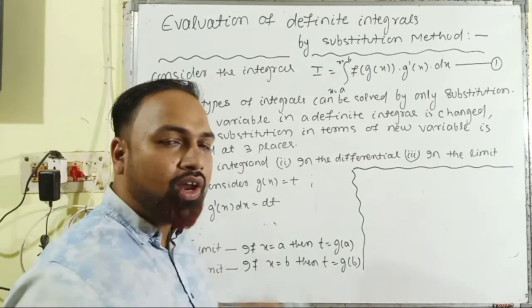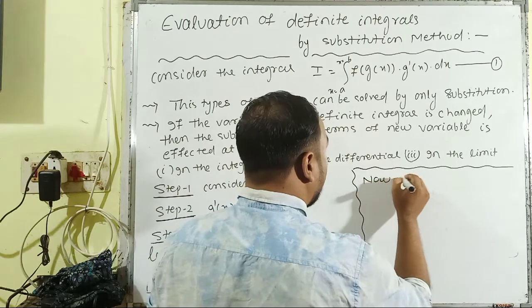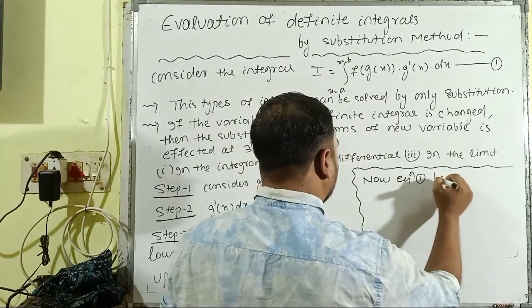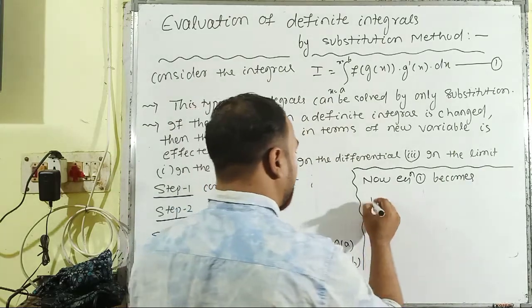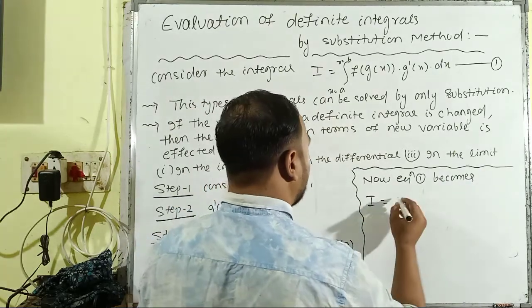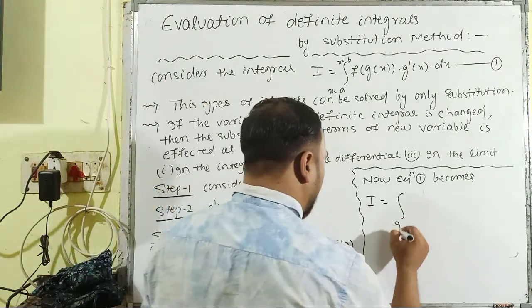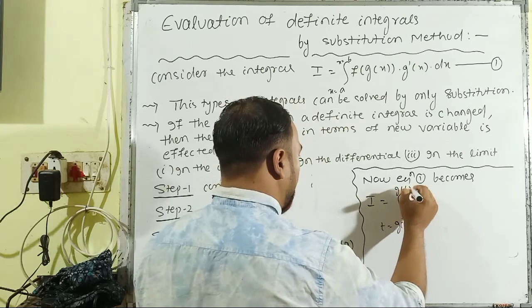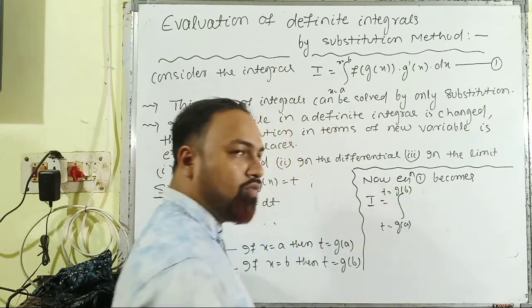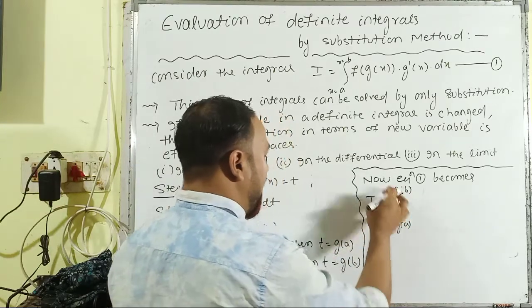Then the newly formed definite integral, equation 1, becomes I is equal to, in place of a we have to write g of a because it is the value of t, and here it is g of b, again the value of t. These are the lower limit and upper limit.